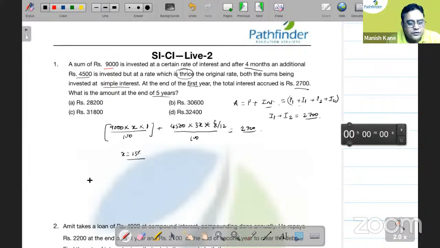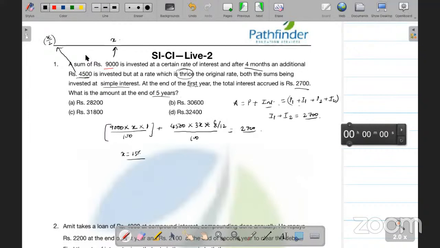What I would do now is, I would just look at 9,000 rupees. If the interest at some rate of interest is rupees X, at the same rate of interest, the interest on half of this amount will be X by 2. Correct? The interest for 1 year on half the amount must be X by 2. But the rate of interest is 3 times, so the interest must be into 3.